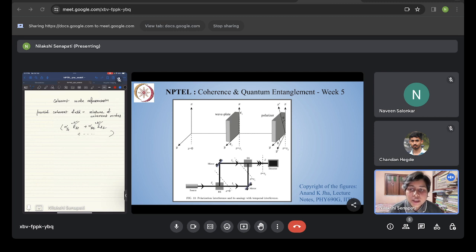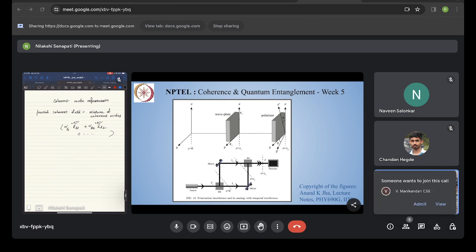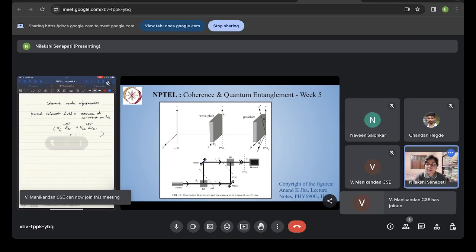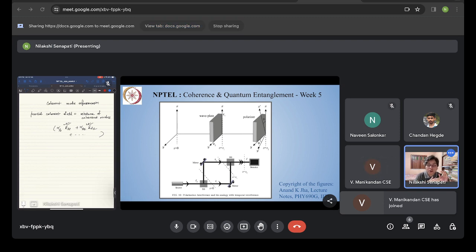So the concept of basis that we follow in quantum mechanics will be followed here, and we will have similar things to what we used to follow, the basic rules of quantum mechanics.